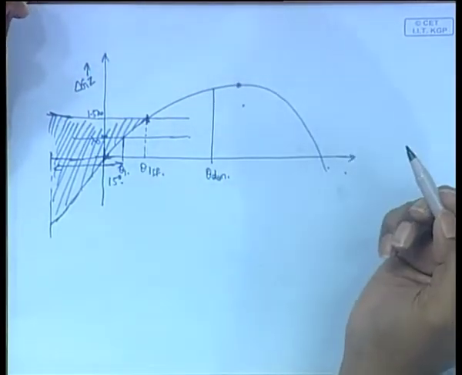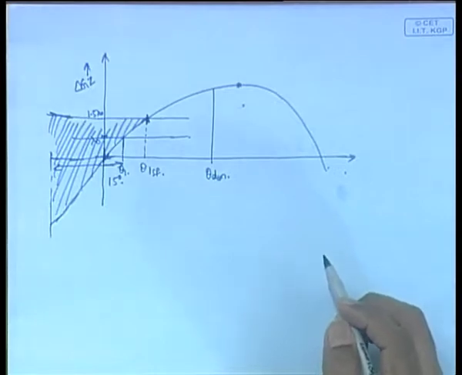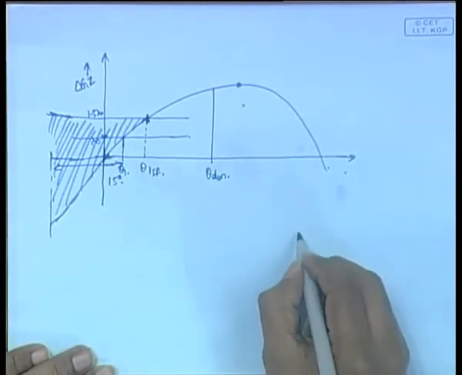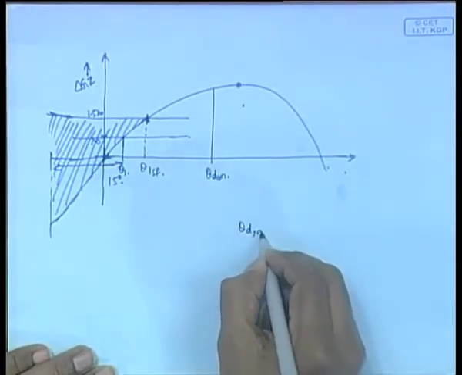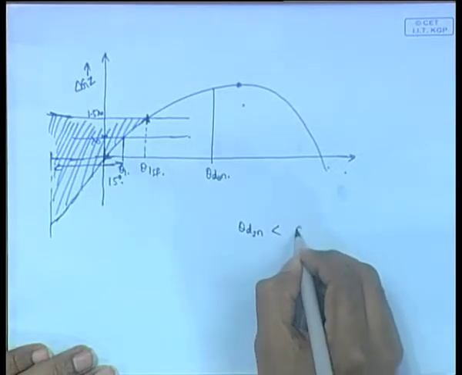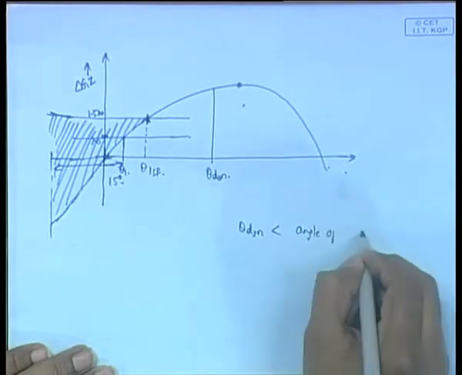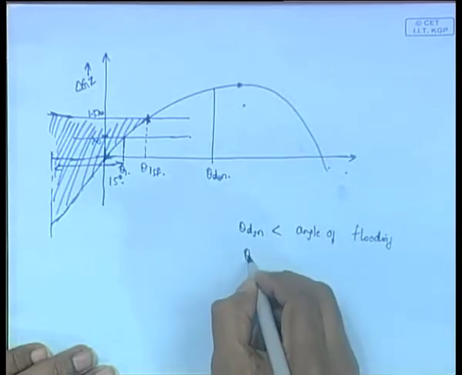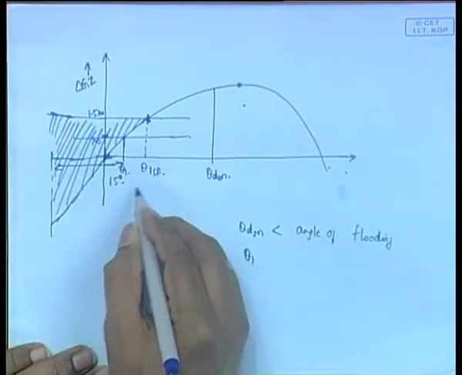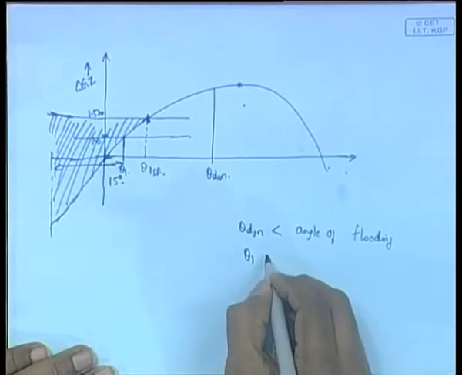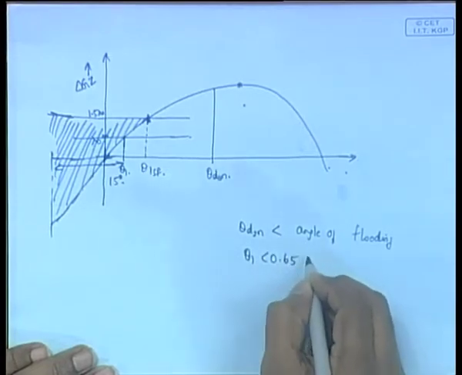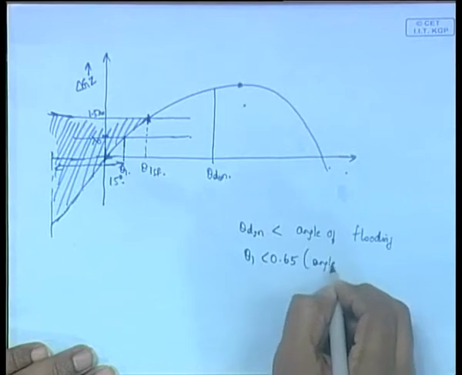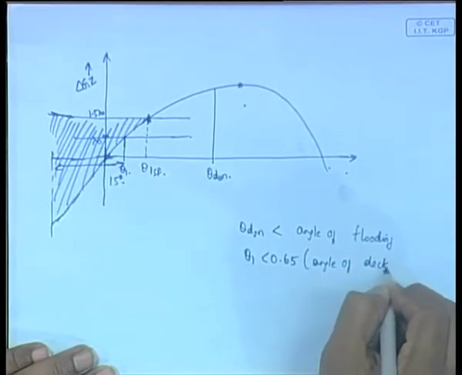These are the two conditions: theta dynamic should be less than the angle of flooding, and this theta 1 which I have drawn here, not theta 1 safety factor, theta 1 itself should be less than 0.65 times the angle of deck edge immersion.